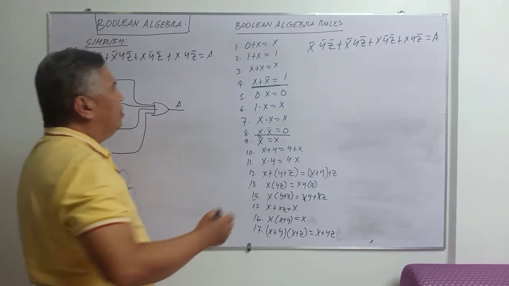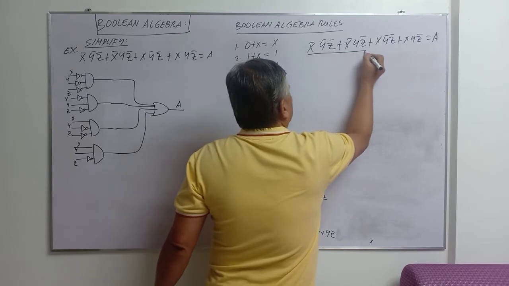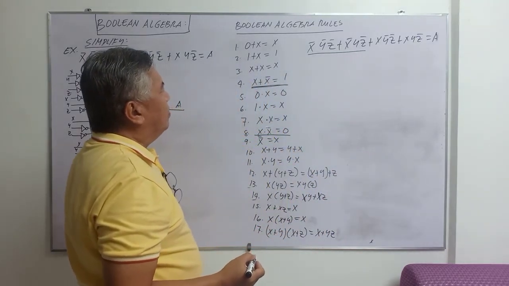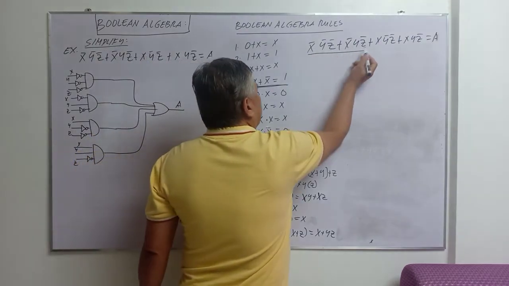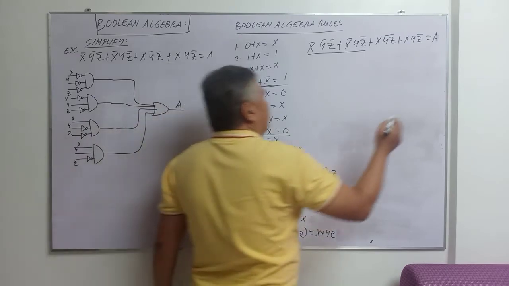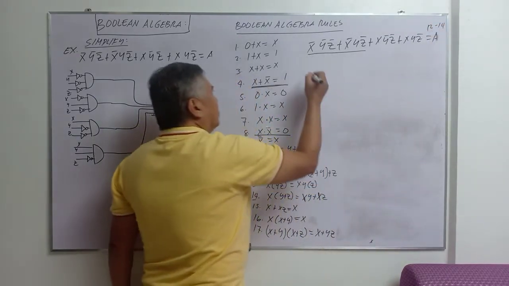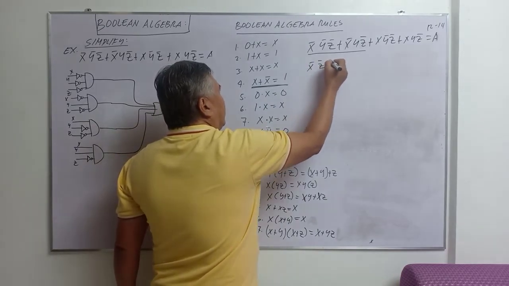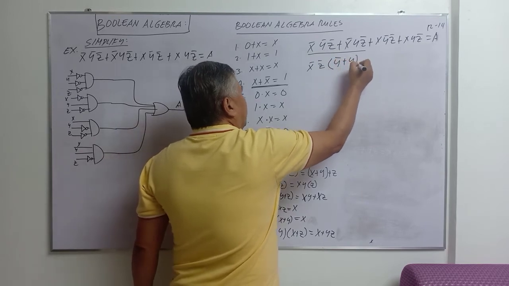So, if you notice, these two terms here have a common factor, which is X bar and Z bar, right? So, we make use of rule 14. We factor out. So, you have X bar, Z bar. What is left is Y bar plus Y.